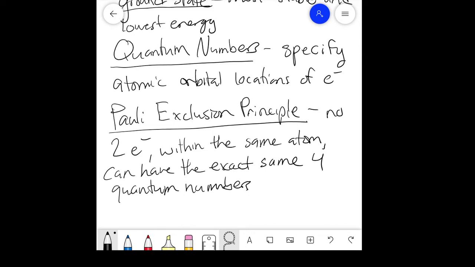It's just like house addresses. No two people have the same address, so no two houses have the same address. So there are four quantum numbers.